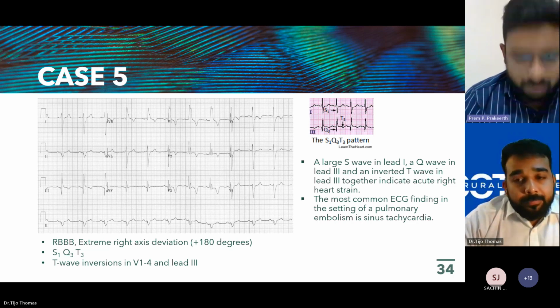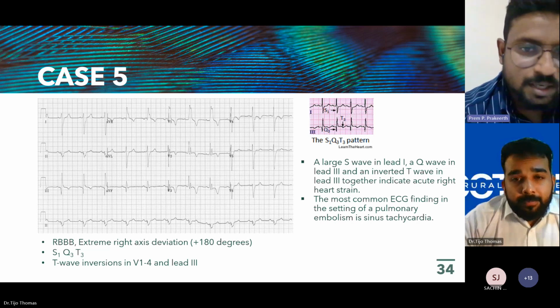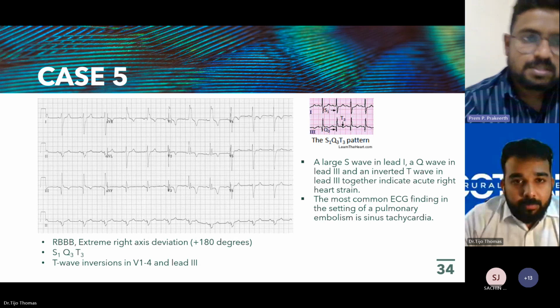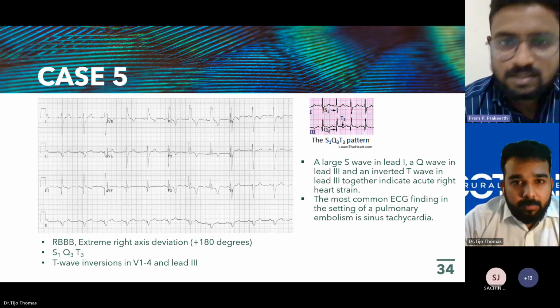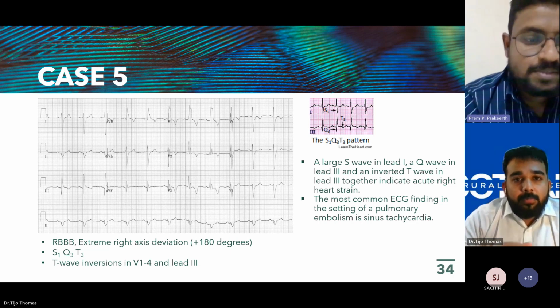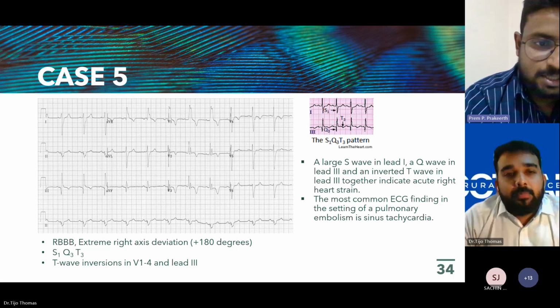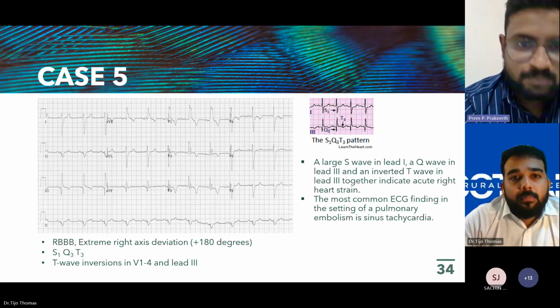So most commonly the ECG can be normal or can show some non-specific sinus tachycardia. It's the most common thing that we can get in an ECG. You can have S1Q3T3 as a change also. There are several other ECG changes that can be there in pulmonary embolism.